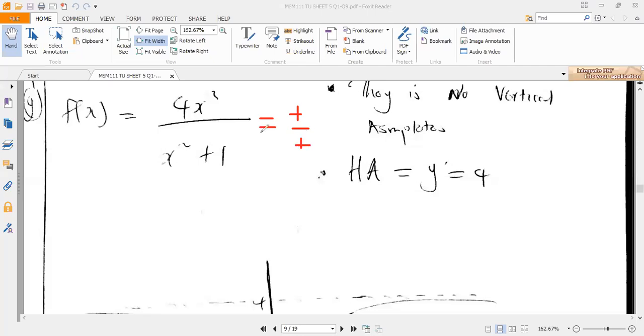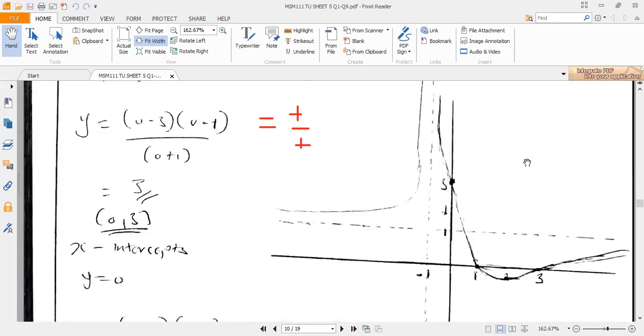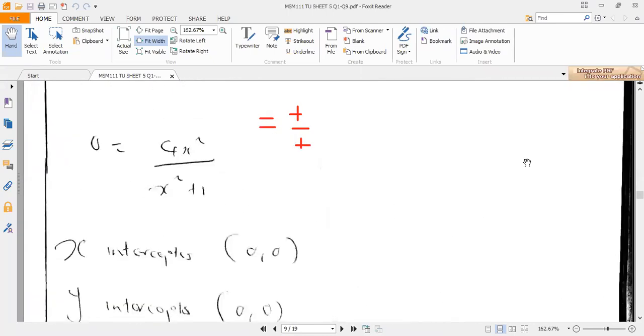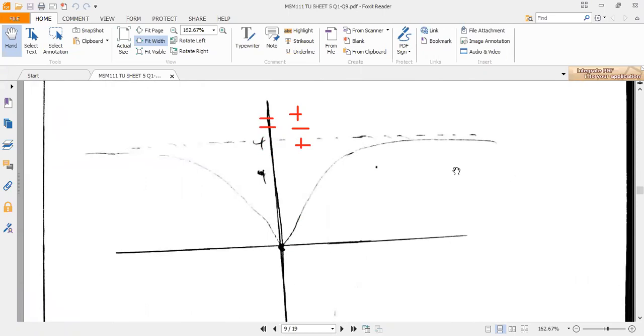If you pick probably positive 3 or positive 4, you discover the same. Imagine here there is probably 1, 2, 3, 4, and then here we have negative 1, negative 2, and negative 3.